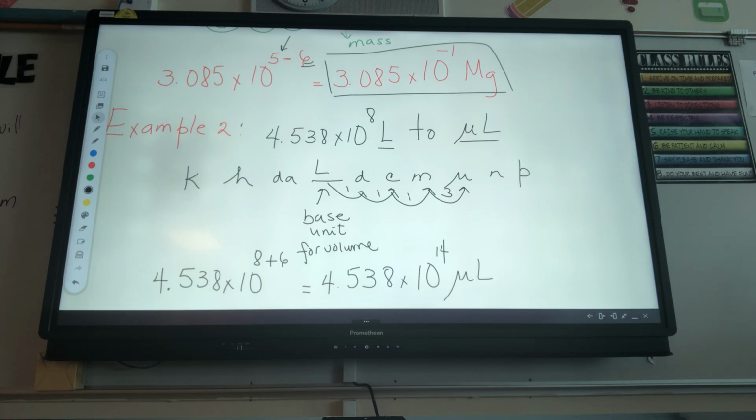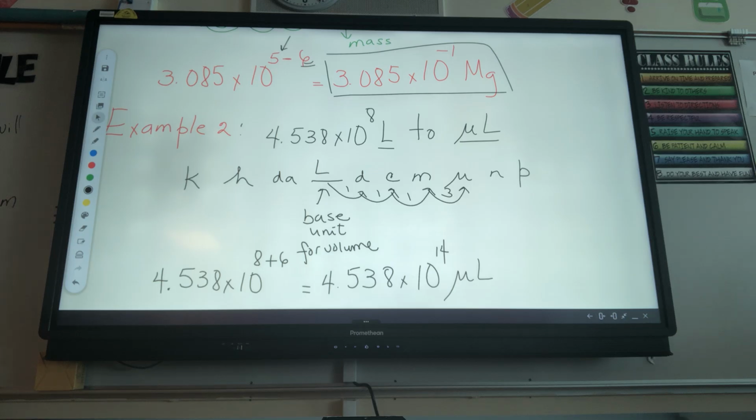What am I measuring there? What do you measure in liters? Uribe, wake up with volume. So I'm going from liters to that symbol over there, microliters. From liter to microliters.